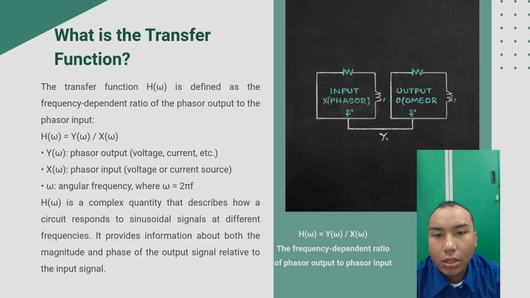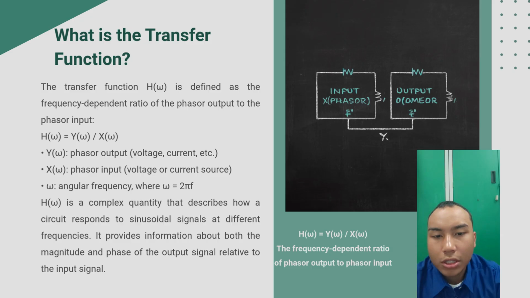H(ω) equals Y(ω) divided by S(ω). Y(ω) is the phasor output, voltage or current, and S(ω) is the phasor input, voltage or current source. Omega is angular frequency, where ω equals 2πf.